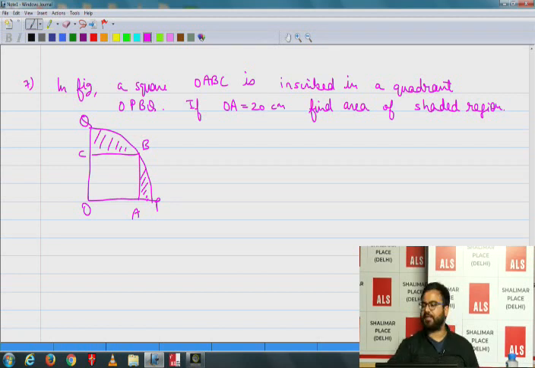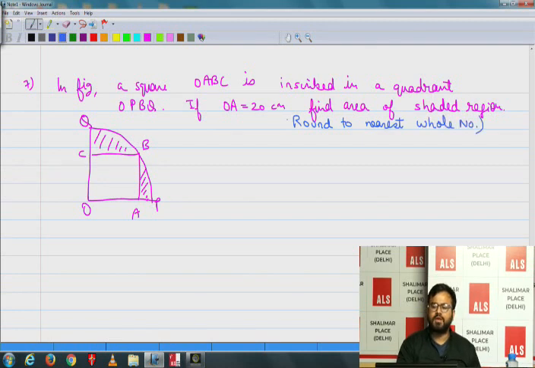Very good, correct answer. And you can round off also. Suppose you are getting a point something else, and suppose I add one more statement over here, round to nearest whole number, if I write this statement also in the end.